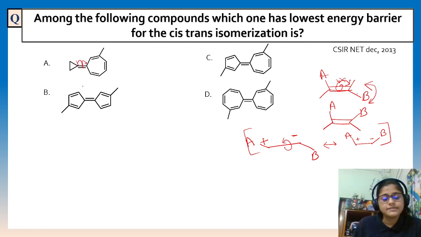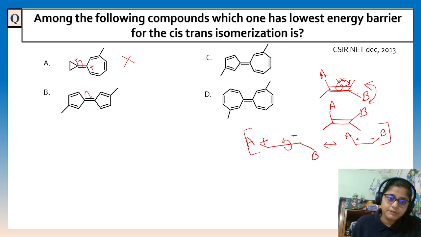If we break like this, then positive charge will be there and negative charge will be there. But in this system, no pi electrons are there other than the negative, so no conjugation. These are sp3 carbons. So this system we will not consider, right?